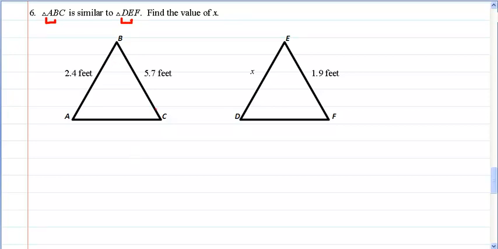Side BC is in proportion to side EF because the two letters come second in the way that the two triangles are written above. So since the 2.4 corresponds to the x, I'm going to write the first fraction as 2.4 over x and set it equal to 5.7 over 1.9.